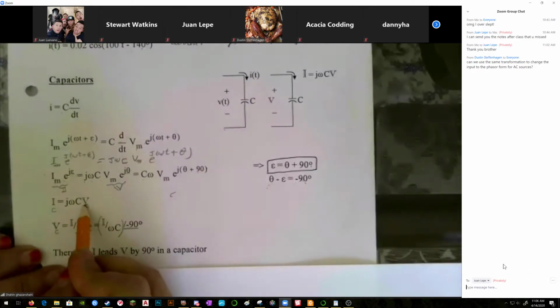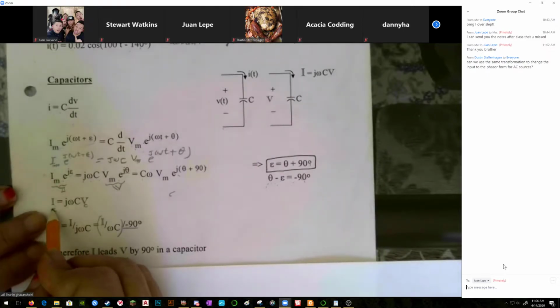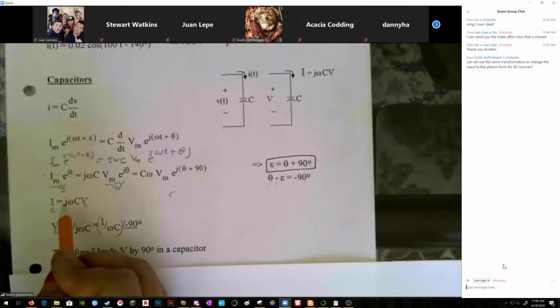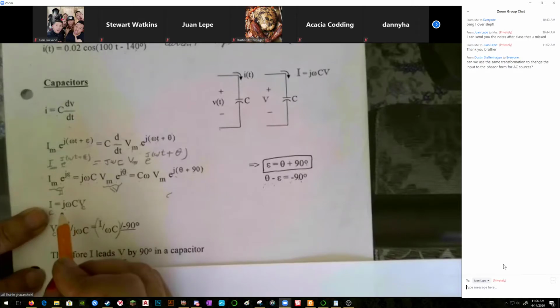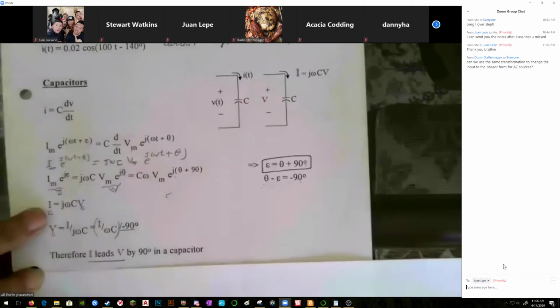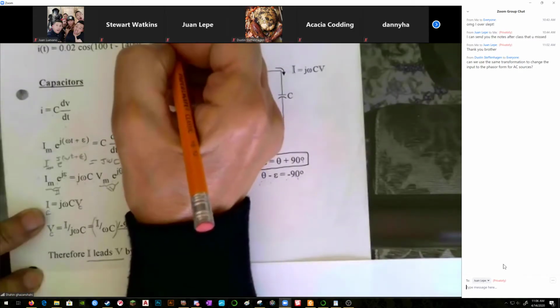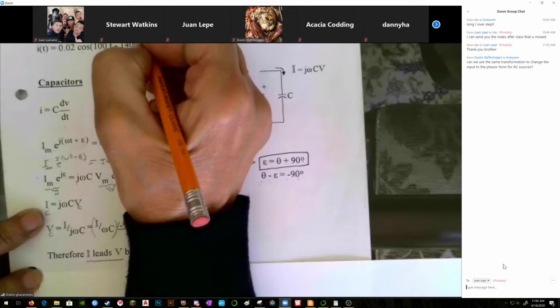See, whatever is the angle of voltage, you add 90 to get the angle of current. For the inductor, whatever was the angle of voltage, you subtract 90 to get the angle of the current, correct? I'm sorry, the angle of the current, you add 90 here to get the angle of the voltage.